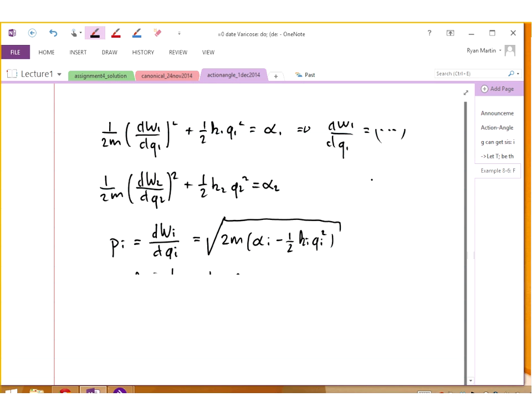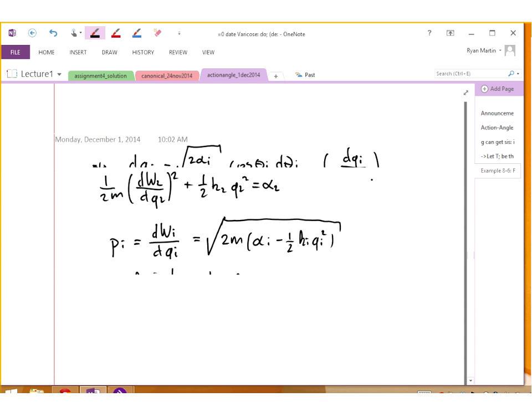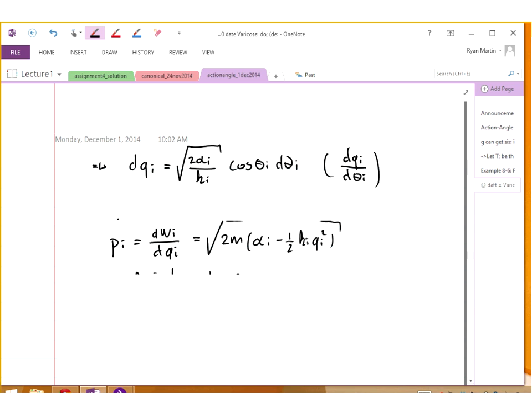That's simply from doing dq_i by d theta_i. And so it turns out that writing q_i in terms of this theta_i, I can write the p_i into something much more simple and much more pretty to integrate.